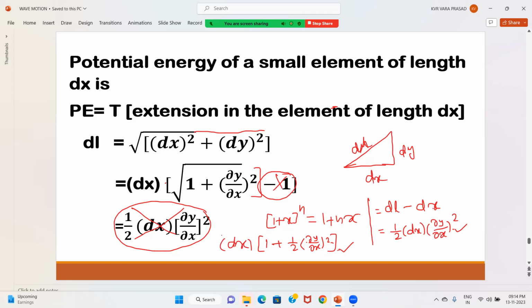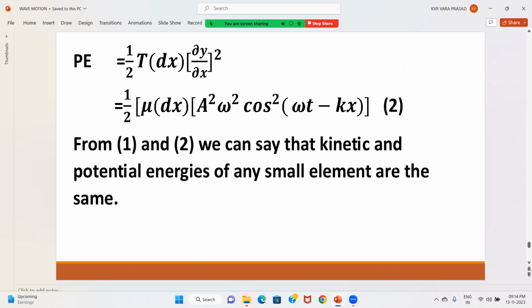See the next step. So tension into elongation. The elongation we got is half into dx into the square of dou y by dou x. This is the potential energy.